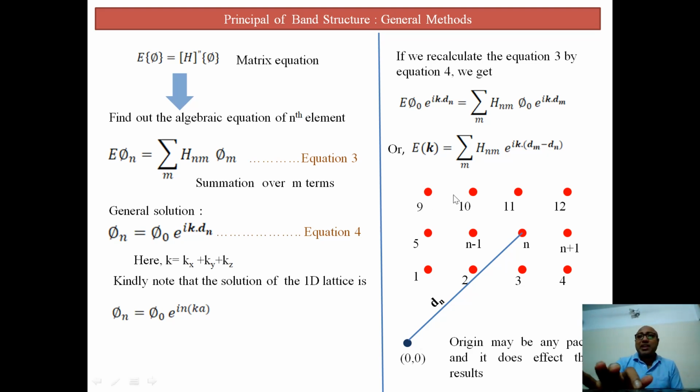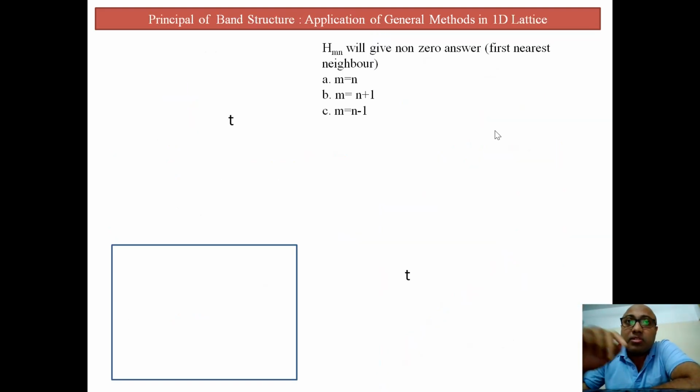Ultimately you get this as the final expression, and with this expression you really don't need to solve the Schrodinger wave equation. Whatever complicated lattice, you just apply this formula and you will get the answer in a minute, not even hours and hours of computer simulation. That is the benefit. So let's see how to apply this formula for 1D, 2D and 3D crystals. Then I think everything will be clear.